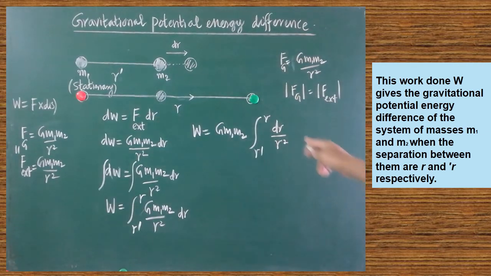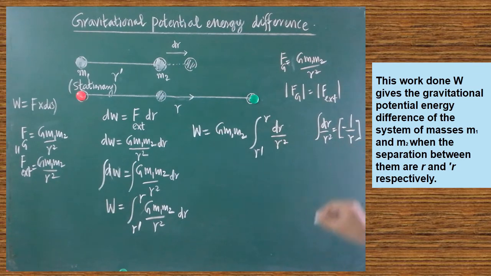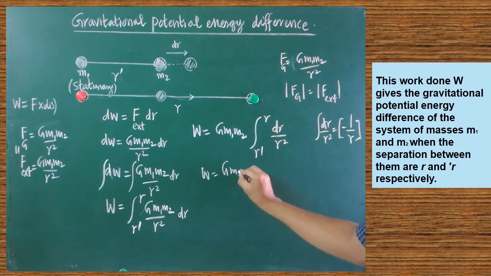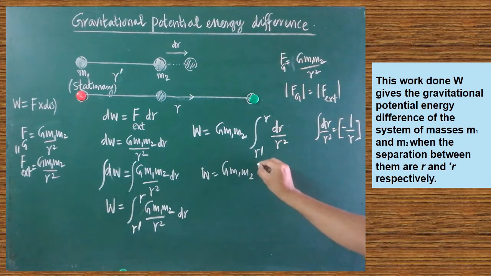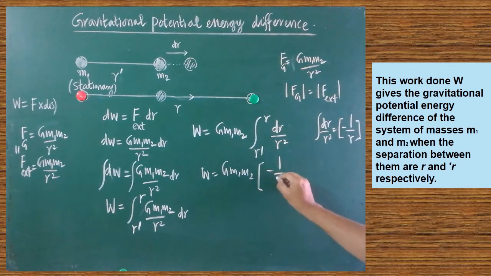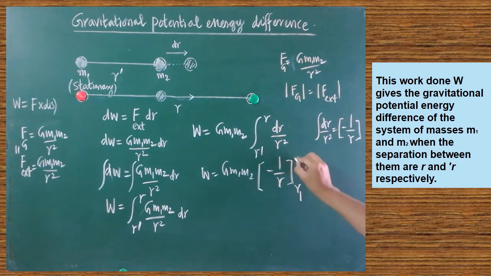Now this part is to be integrated. The integral of dr by r square is equal to minus 1 by r. With the help of integration we are able to get it. So W is equal to G m1 m2, and this integration value must be written as 1 by r minus 1 by r, with limits r1 and r2.